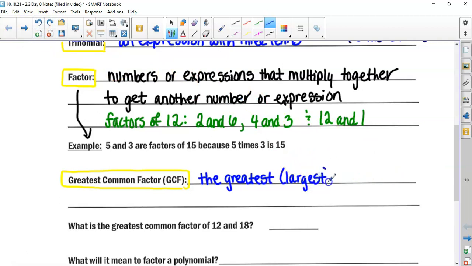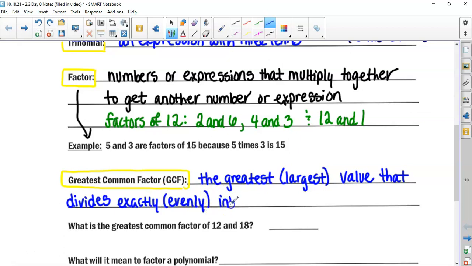Largest value that divides exactly or evenly into 2 or more values.